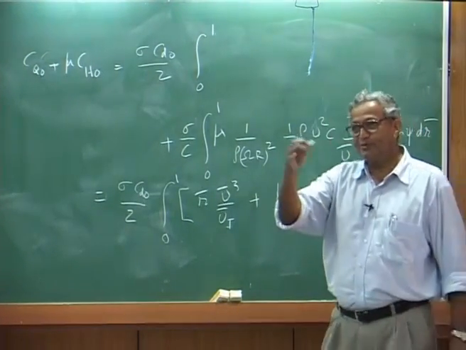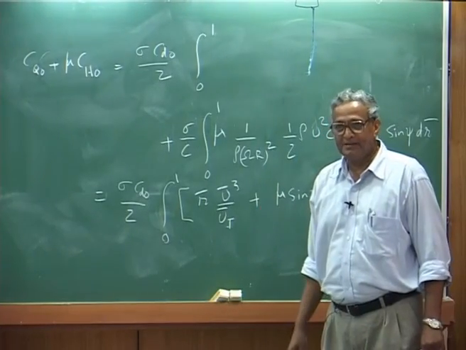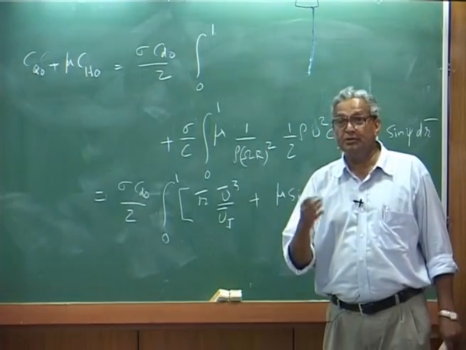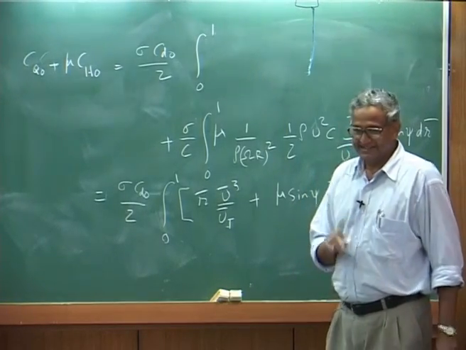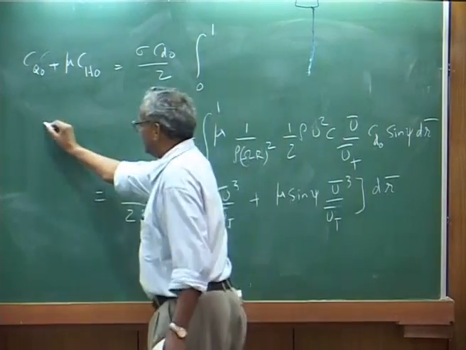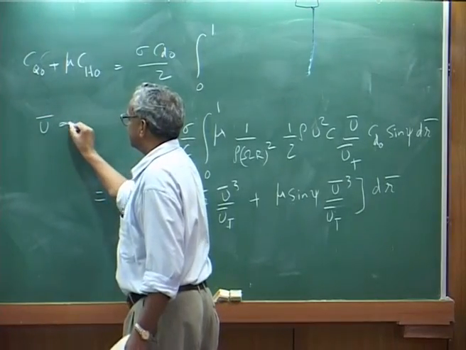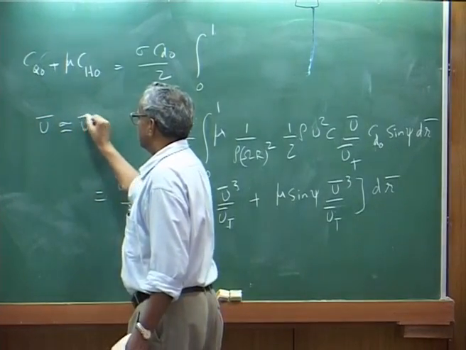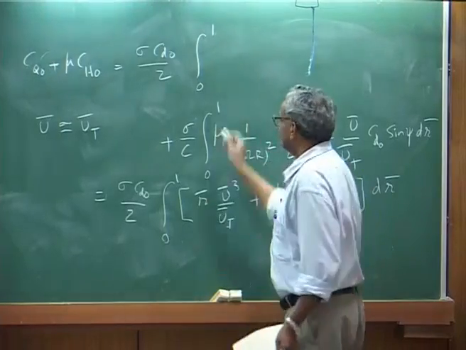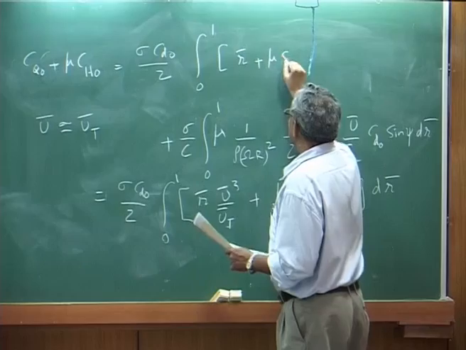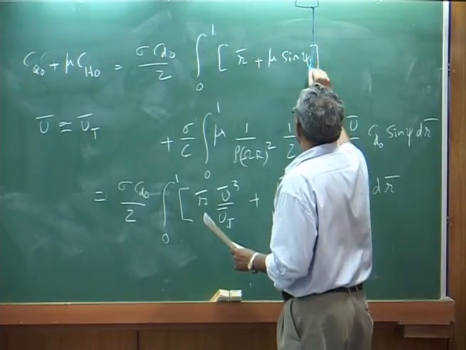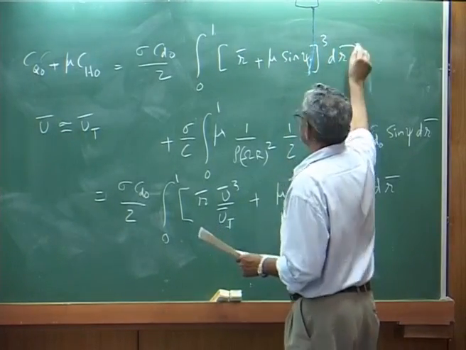Now, I am saying my inflow is very small. So, U bar is almost U_T bar. Then, if I say U bar is U_T bar, that is nothing but what? Whole cube dr bar.